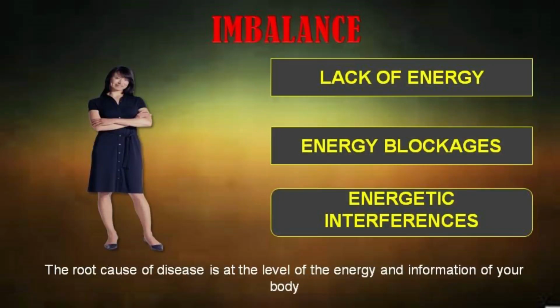Energetic interference can be external interference like EMF, E-smog, radiation, pollution, and so on, or it can even be energetic contamination, like taking in some foodstuff that is not healthy for you, and that creates contaminants behind that.